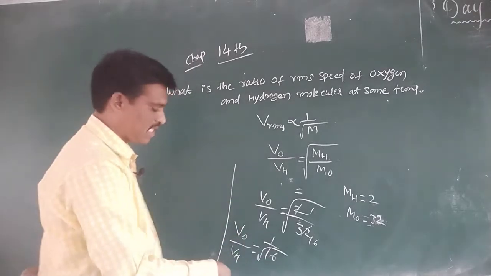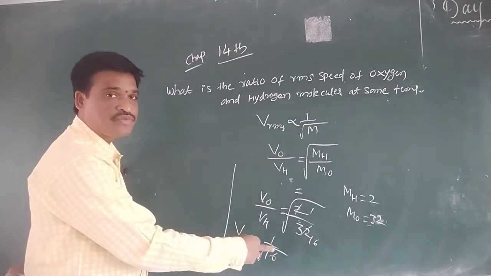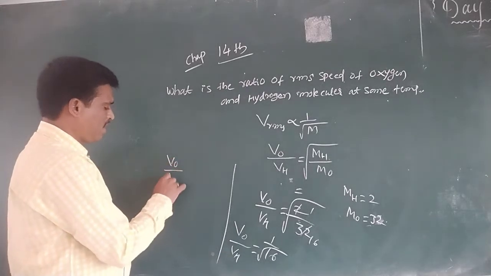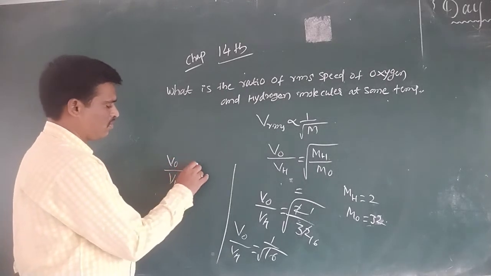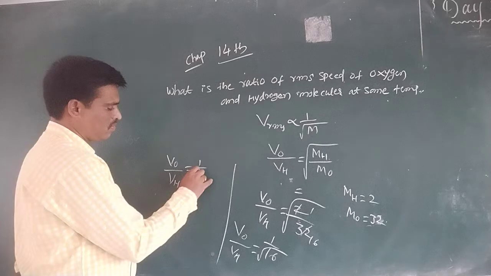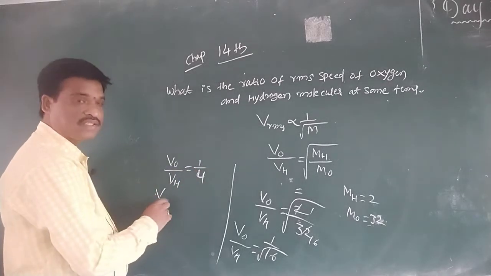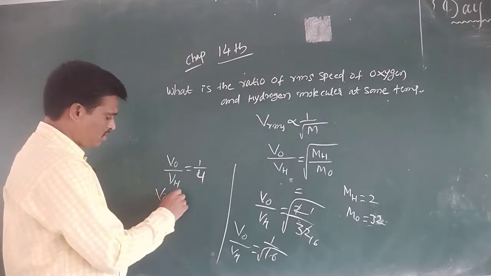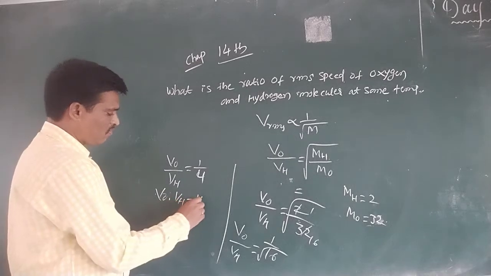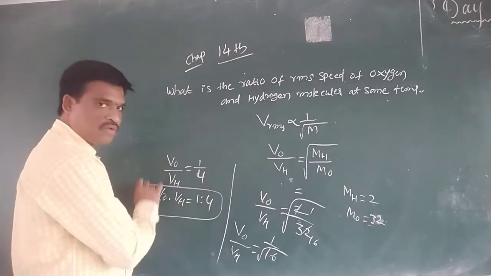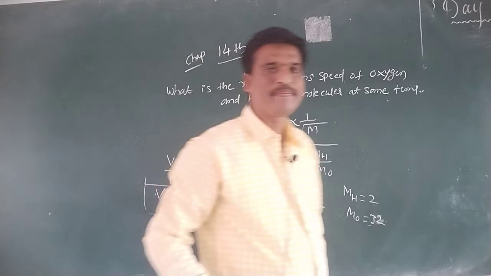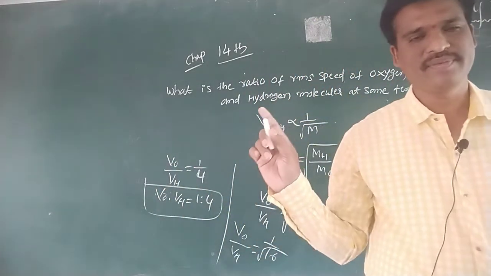Root of 16 means how much? 4. Okay? vO by vH is equal to 1 by 4. It means vO is to vH is equal to 1:4. Is it clear?